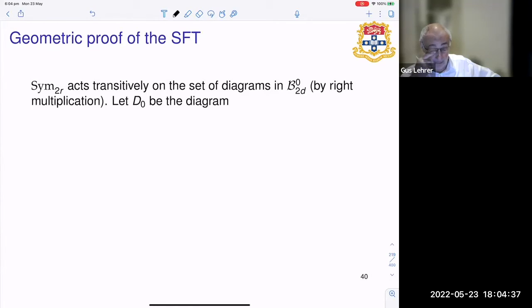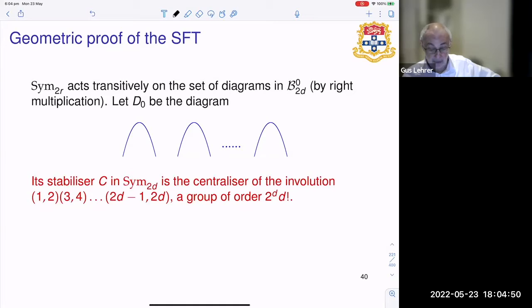Let's take D naught to be a special diagram, namely this one. The stabilizer in the symmetric group is just the stabilizer of the involution 1, 2, 3, 4, and so on, up to 2D minus 1, 2D. So it's got order 2 to the D times D factorial.